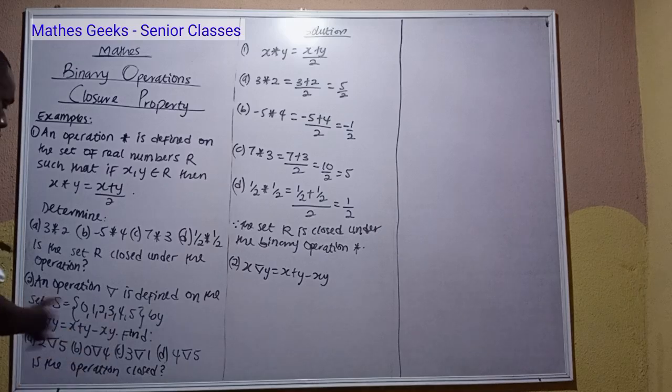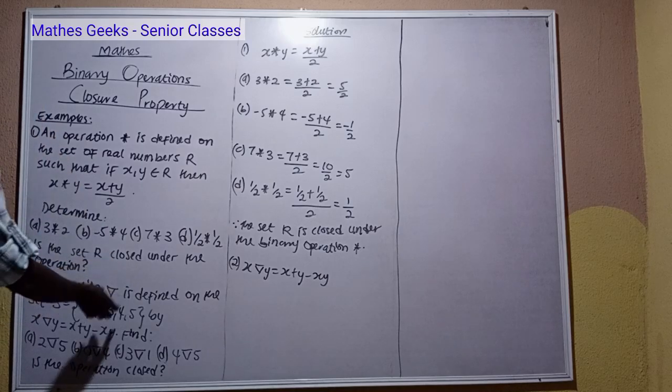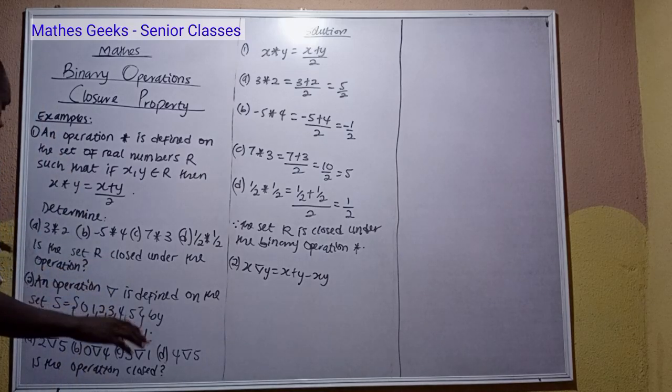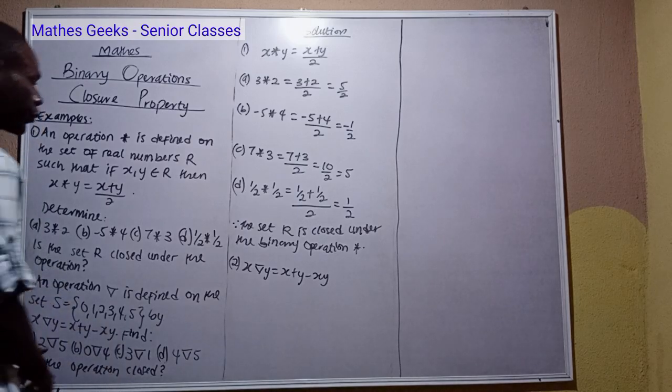So even if the previous answers belong to the set S, if only one does not belong to the set S, it disqualifies the set from being closed under the operation.